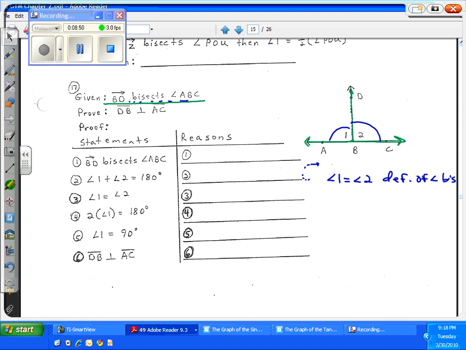And we know that if we're going to have the word in what we get out of it, we must have the word. And so we would need to put the given statement, ray BD bisects angle ABC before we have the reason definition of, so that was given.